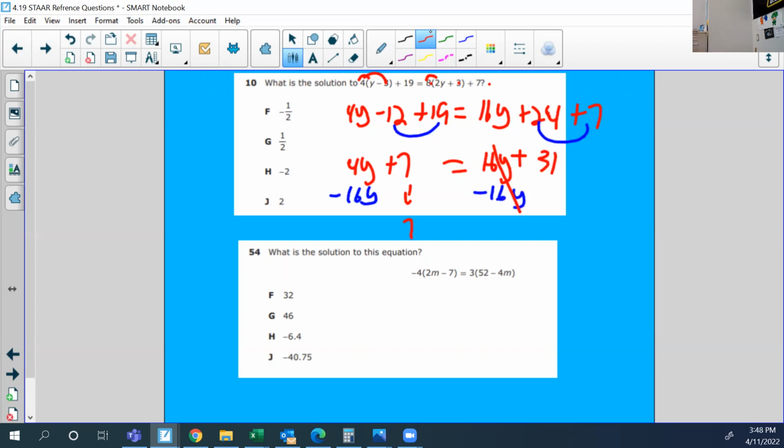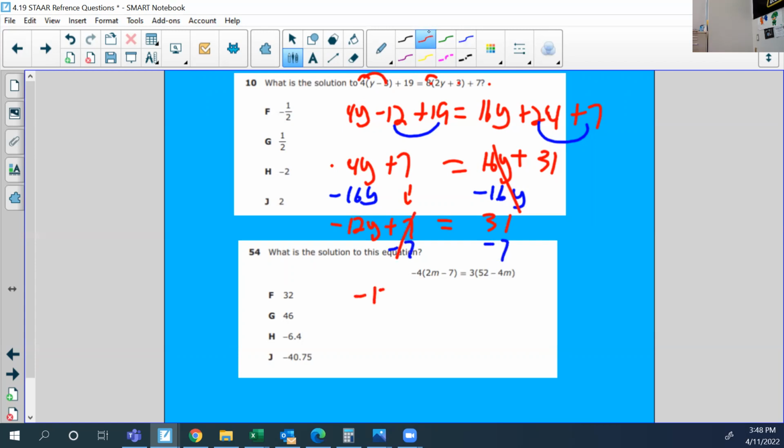So when I add 4y and minus 16y, that's minus 12y plus 7, and that's equal to 31. Now I'm going to minus the 7 from both sides, and that becomes 0.